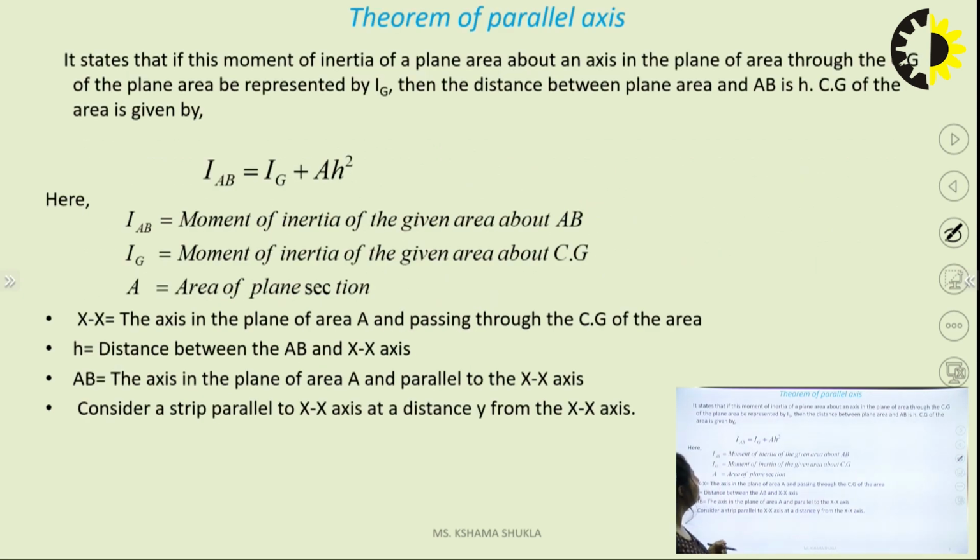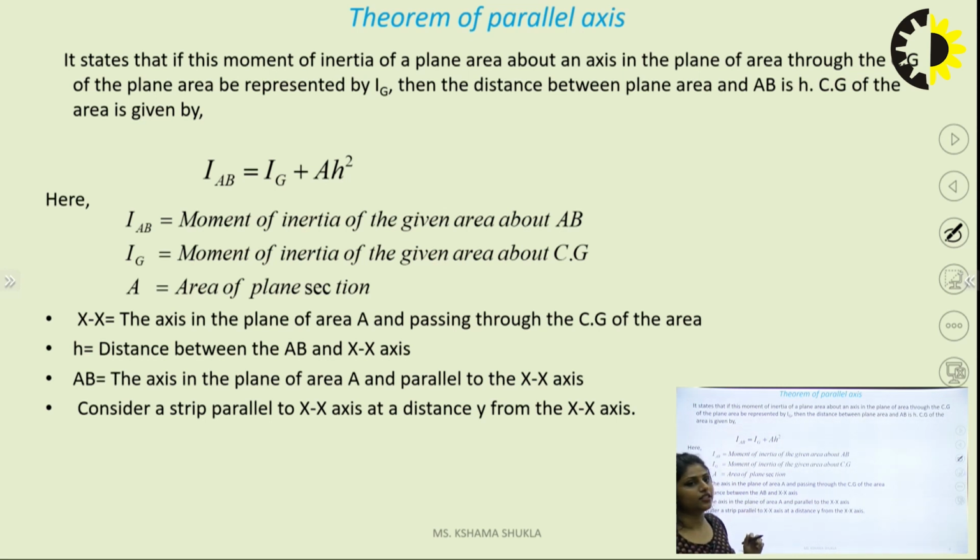Come to the next slide. Two theorems are important for using moment of inertia. We can find the values about xx and yy, that is, about the centroid CG. If we want to find the moment of inertia about any other axis, then we can use the parallel axis theorem.